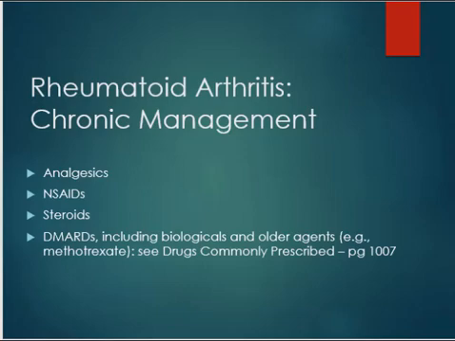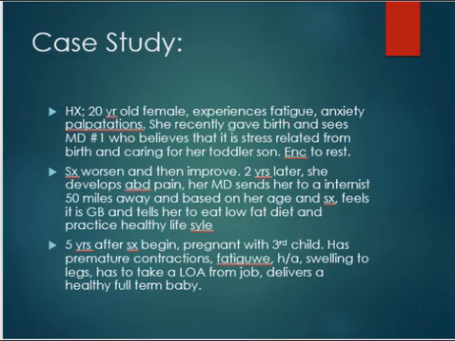Steroids can play a part, whether it's orally or intra-articularly, to help with rheumatoid arthritis. And then you have your biologicals that include Plaquenil, methotrexate, and then your tumor necrosis factor agents that are examples of Humira.